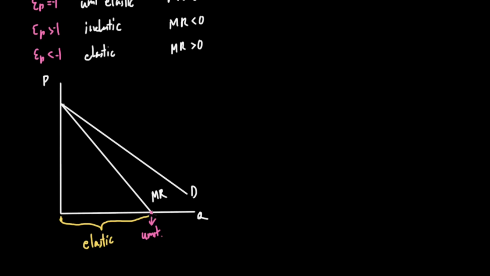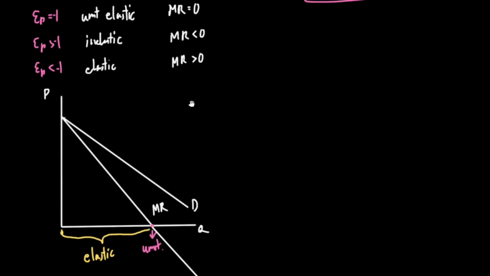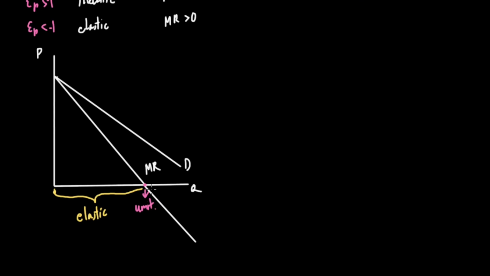We usually deal with only this quadrant of the Cartesian plane, but if we extend our marginal revenue here, we can see that at this part, marginal revenue becomes negative. So at these points, from here onwards, when MR is less than 0, the price elasticity of demand is inelastic.